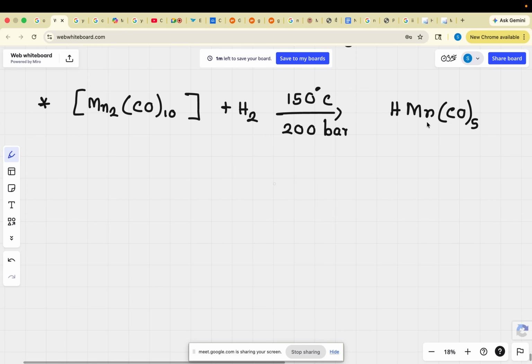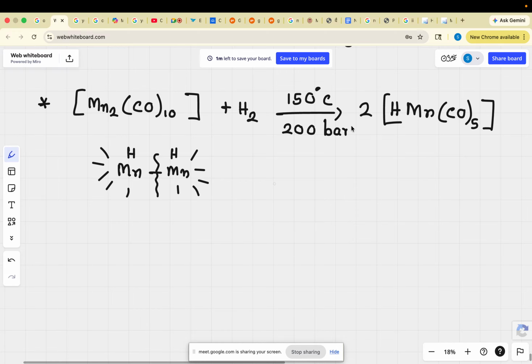You have manganese, this side 5 CO bonds, and this side also 5 carbonyl bonds, but this bond is cleaving when you are reacting with hydrogen. So one hydrogen you are attaching with this side, and one hydrogen with this side.